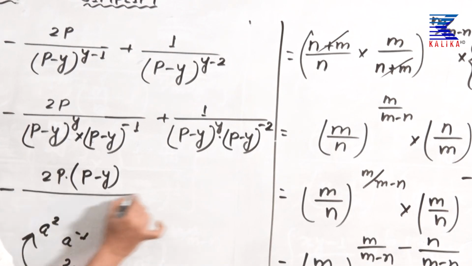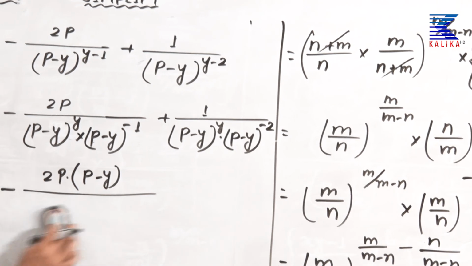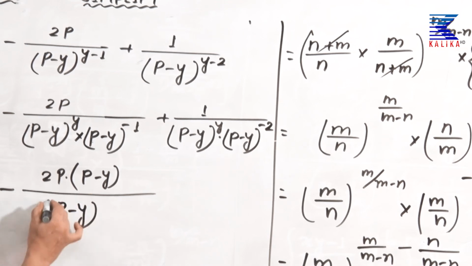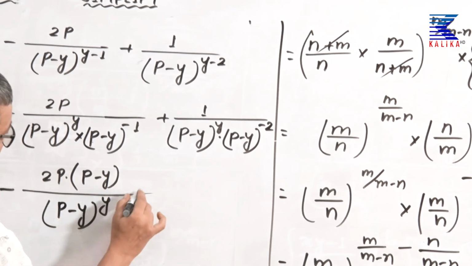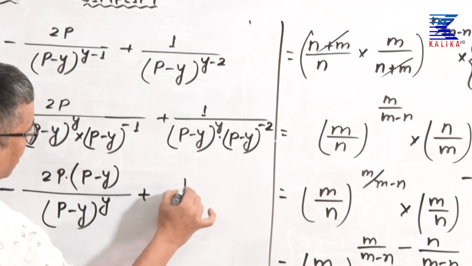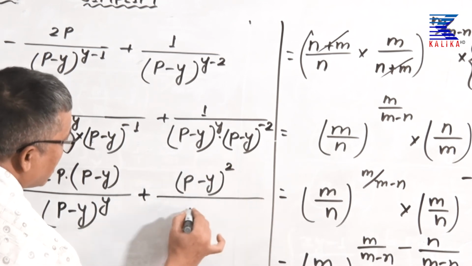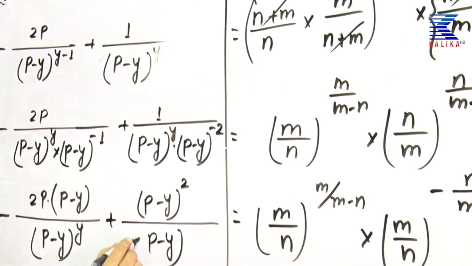Okay? Now, divide (p minus y) to the power y plus (p minus y) to the power 2 whole upon (p minus y) to the power y.